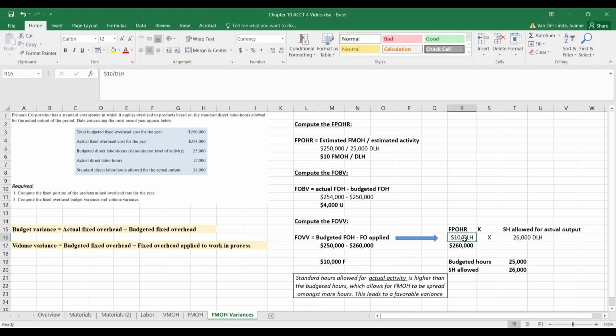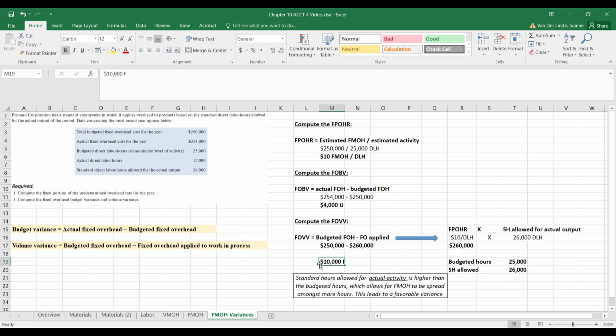Well, we start with the fixed POR, and we're going to multiply that not by the actual direct labor hours, but by the standard hours allowed for the actual output. So we should have used 26,000 direct labor hours. So we're going to multiply the 26,000 by the $10 per direct labor hour there, and our fixed overhead applied is $260,000 here versus the budgeted of $250,000.